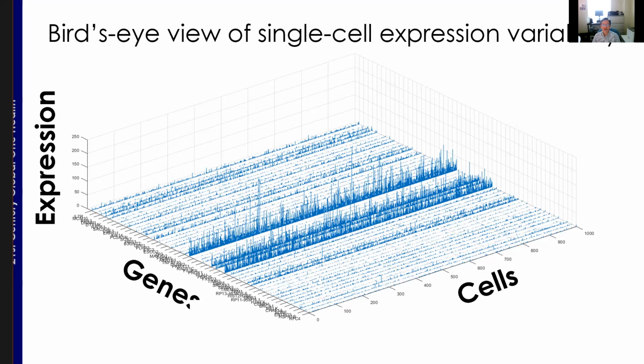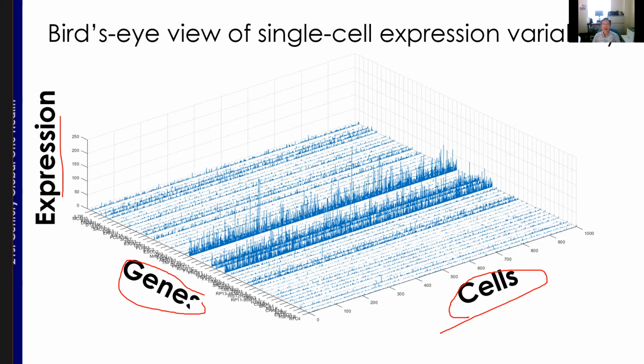So single cell gene expression analysis will give you data something like this. You have a lot of genes across all the cells, and then the expression information becomes available.